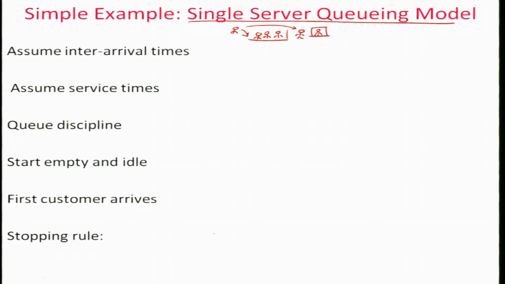Before doing this, we have to make some assumptions. Let us start with the first assumption: assume the interarrival times are independent and identically distributed.